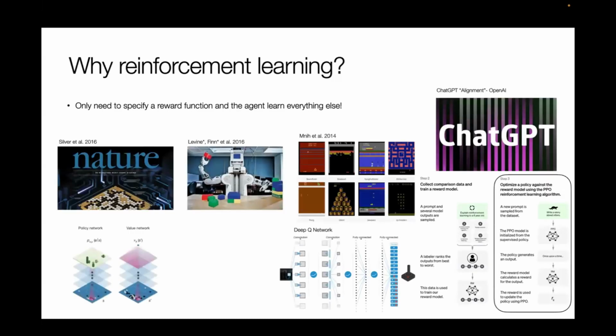And obviously, reinforcement learning has been extremely successful over the last years, ranging from board games to robotics to, more lately, even the alignment of large language models such as ChatGPT. And it's indeed an area of extremely intense research in the ML community.